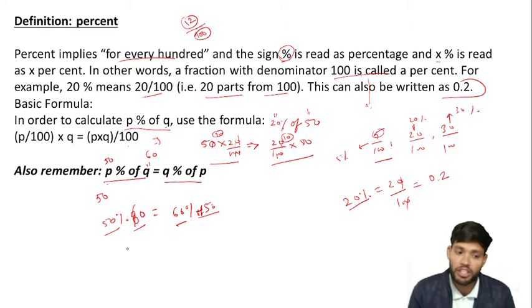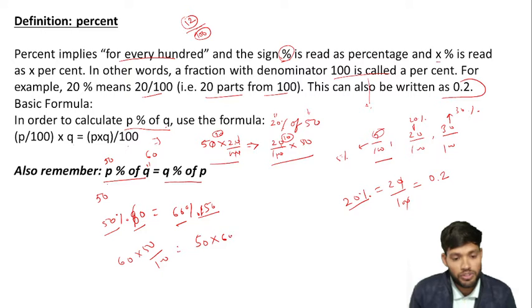How can we prove it? 50% of 60 means 60 into 50%, which will equal 50 into 60%. Both give 30.